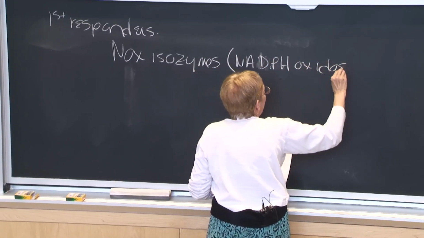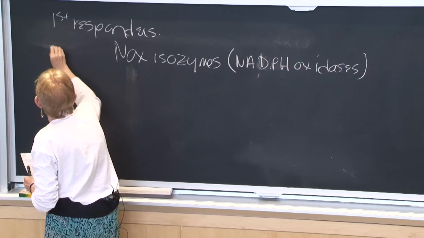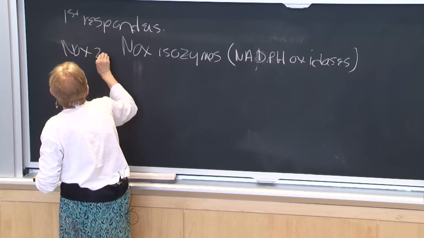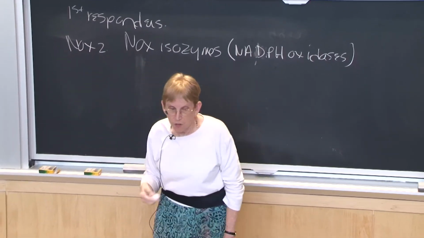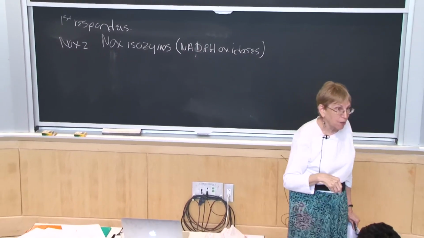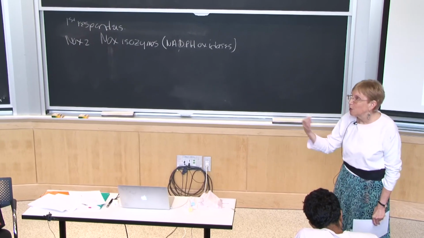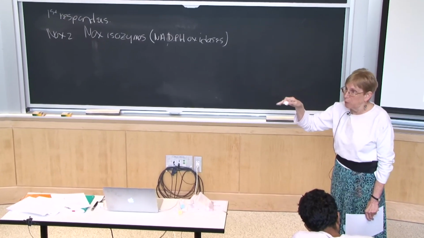We're going to talk about that particular protein, and we're going to be specifically focused on NOx2. And we'll see that NOx2's professional job is to generate a reactive oxygen species, superoxide, which is then going to be used in some way to kill bacteria.